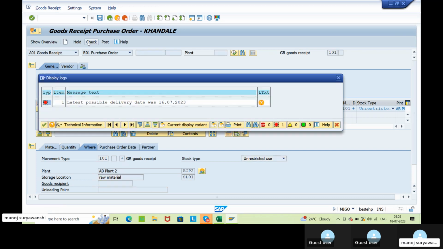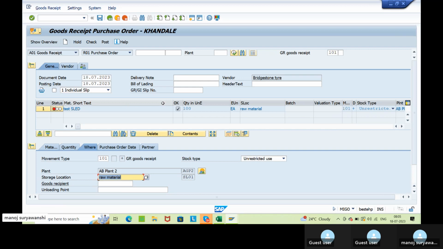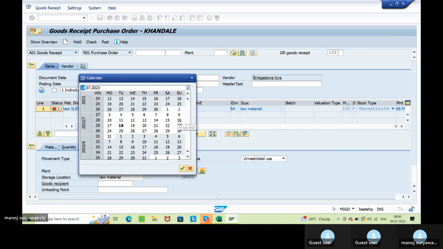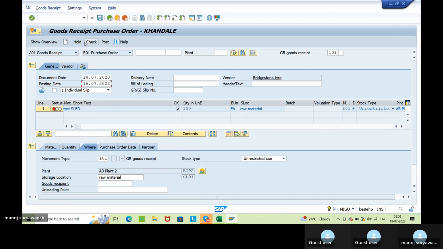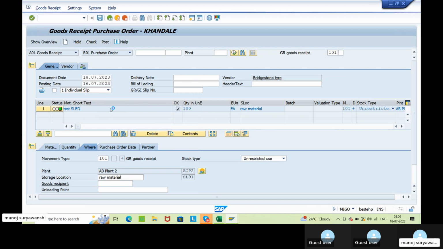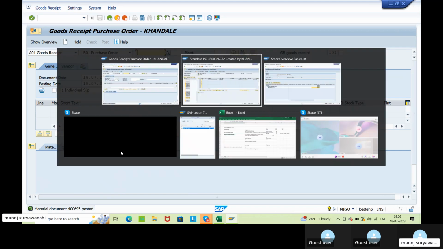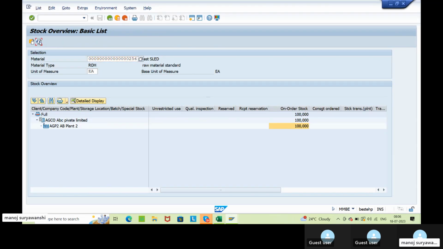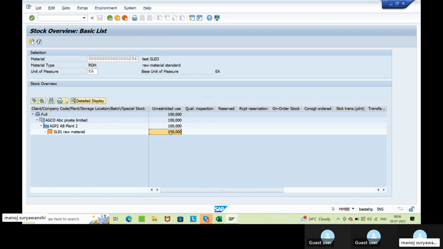Okay, check this and you can change it. Post it. Now you refresh the stock quantities and you can see 100 quantities are available in unrestricted use stock.